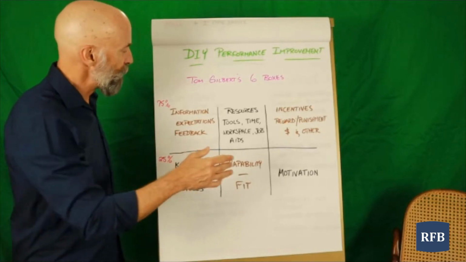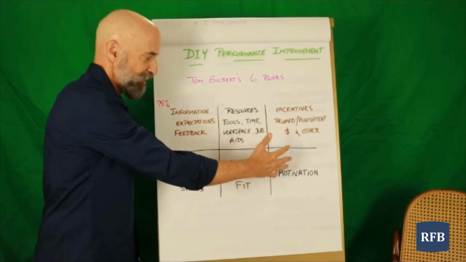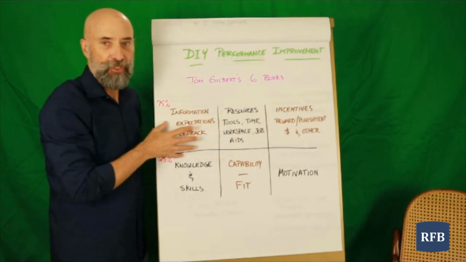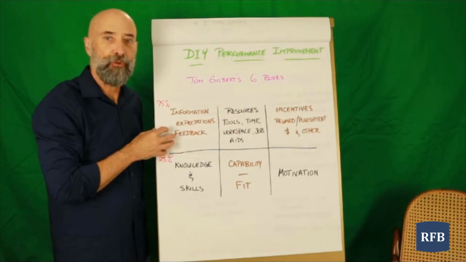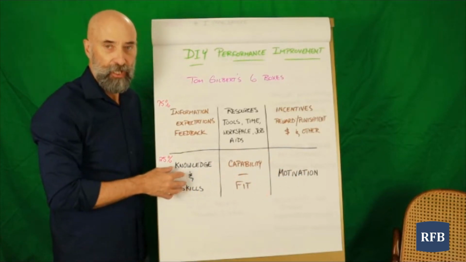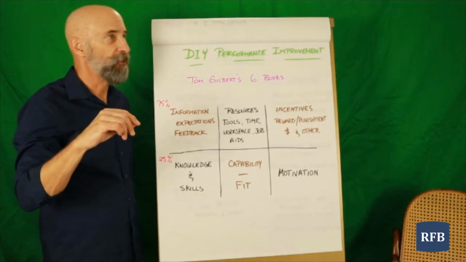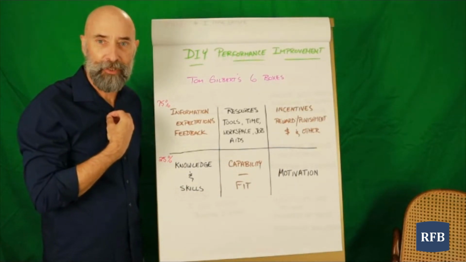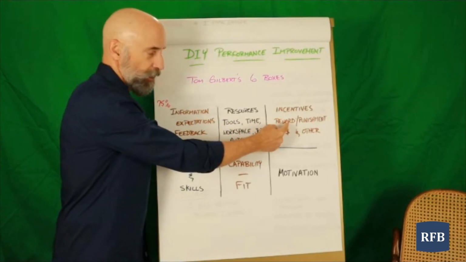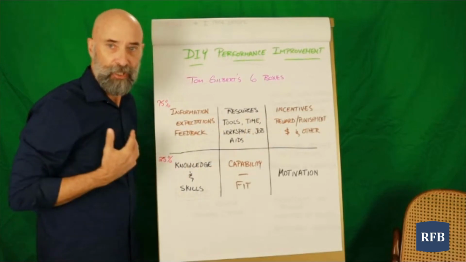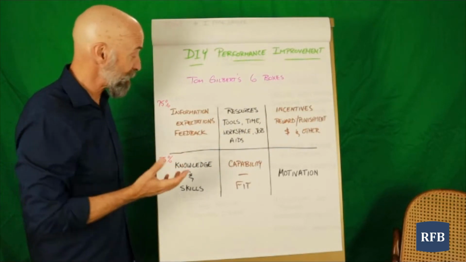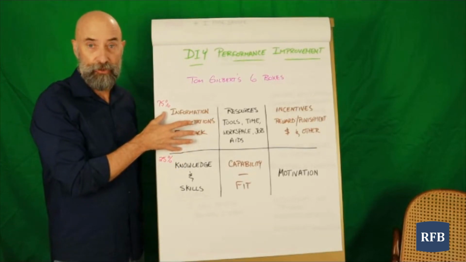Now, one thing to notice as you look at these 6 boxes is that this is what the organization supplies to us, and this is what we bring to the game. So in terms of do-it-yourself performance improvement, as I identify particular gaps in any of these areas, this should prompt a conversation with my manager to talk about my needs, because it is up to the organization to supply this for us.